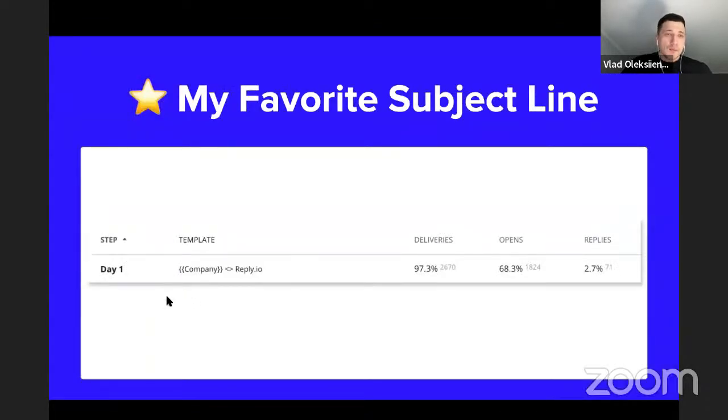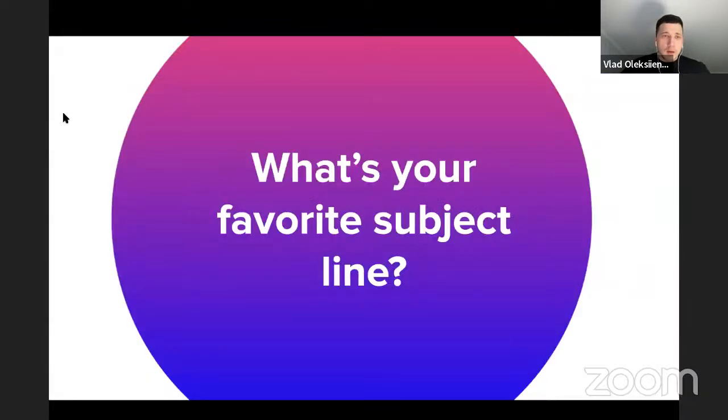Name, company name for prospect company. Okay, cool. So yeah, typically we rely on company, first name, our company name as variables for our subject lines. Yes, we also, by the way, have some data on the number of variables you use within your subject lines, but I decided not to include this one.